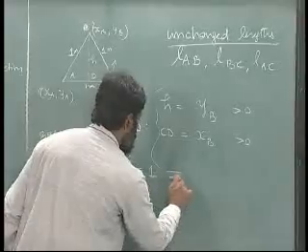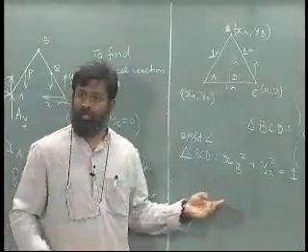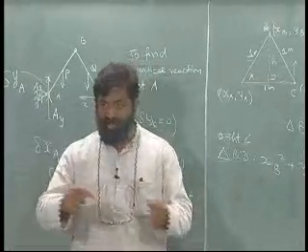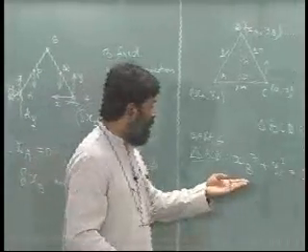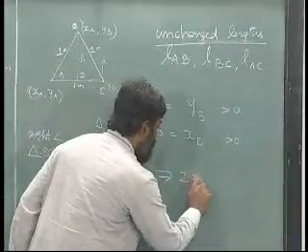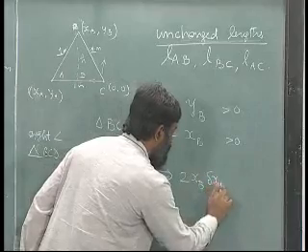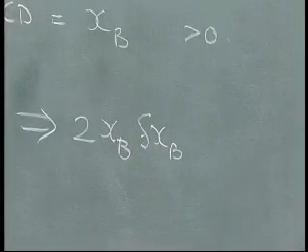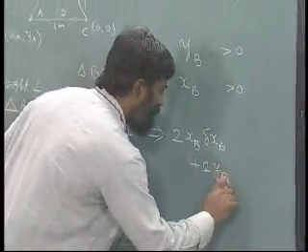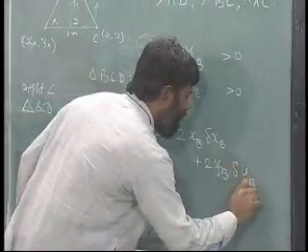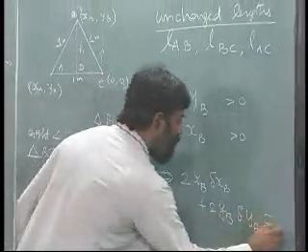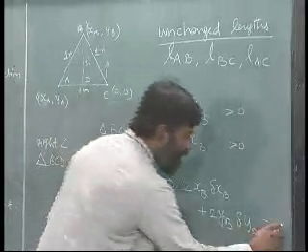I am going to move by a very small amount, virtually move by a very small amount, and therefore if I take a derivative of this, I will get 2 xb delta xb, where delta is the small variation, plus 2 yb times the variation of yb is equal to variation of 1, which is 0.